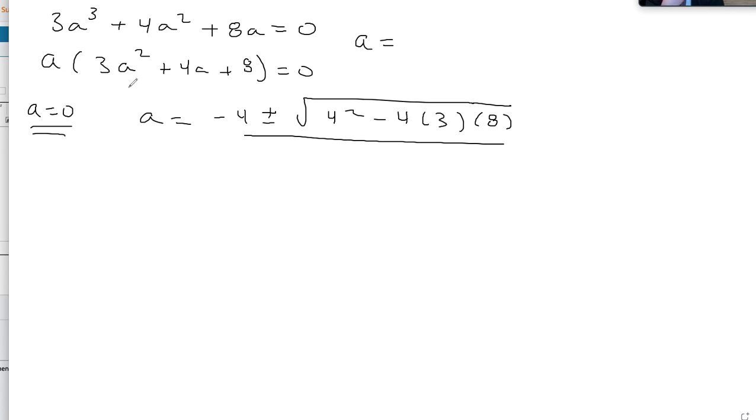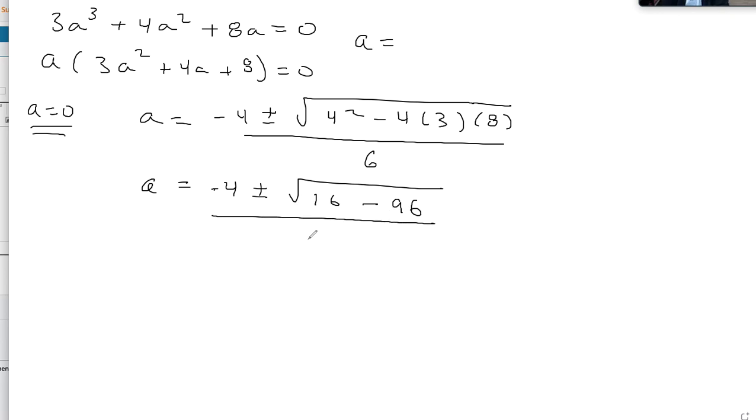And then again, that's my a right there, so 2 times 3 would be 6. And then a equals negative 4 plus or minus the square root of 16 minus 12 times 8, which is 96, all over 6. And so then a equals negative 4 plus or minus, looks like negative 80 over 6.